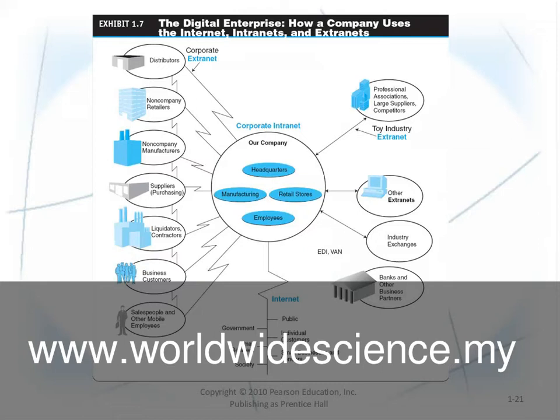Corporate intranet is in the middle: our company, headquarters, manufacturing, retail store, and employees. At the bottom, you can see the internet, public, individual customers, small businesses and vendors, government, small retailers, society. They are connecting to our corporate intranet through internet.